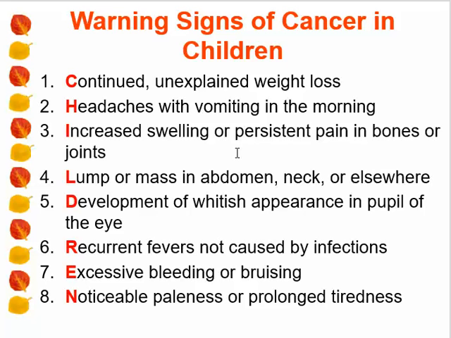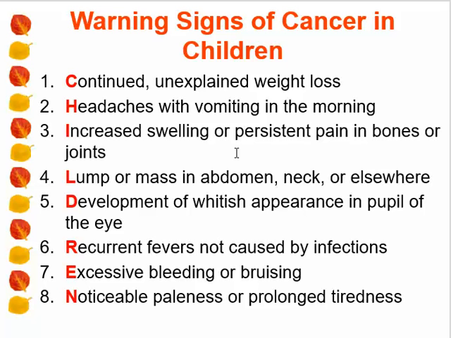Oftentimes, the pain will be around a joint, usually the knee, and parents especially will try to attribute it to something like a sports injury. But the pain persists, and it's usually quite hot to touch.